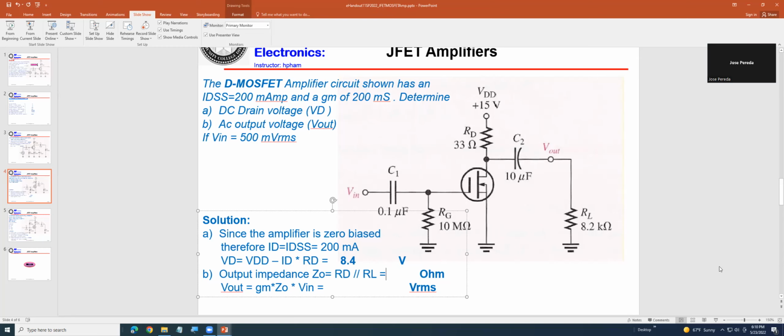That appears to be 32.8 ohm. Perfect, 32.9, or 0.8, that would be fine.